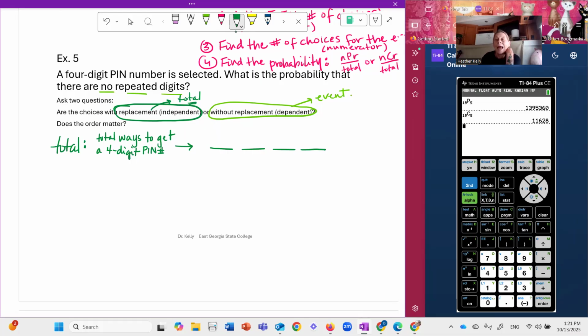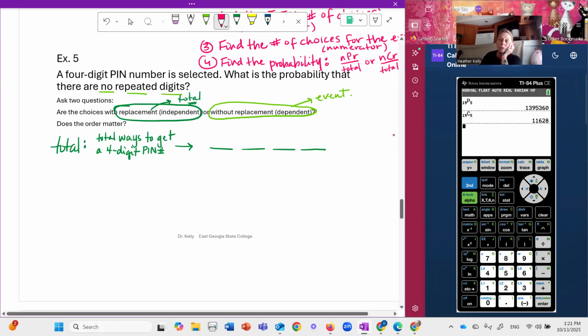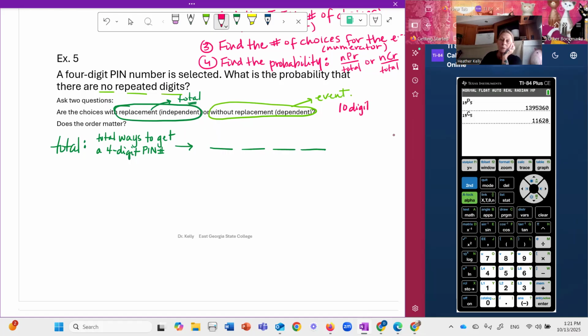Now, how many digits are there? I always have students say 9, but there's not 9 digits. There's 10 digits, right? And I don't mean that we're counting 10. We got to start with 0, 1, 2, 3, 4, 5, 6, 7, 8, and 9. Those are the digits, okay?